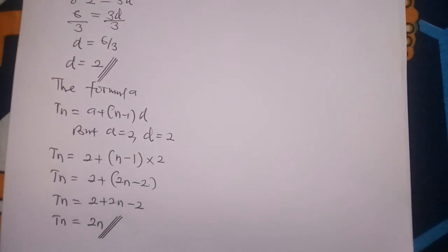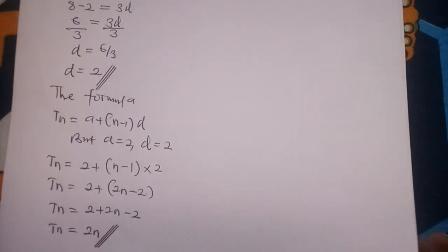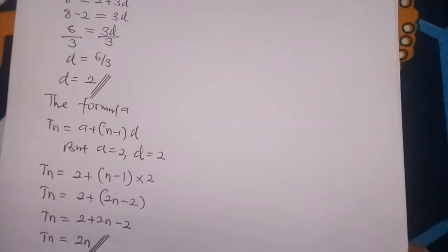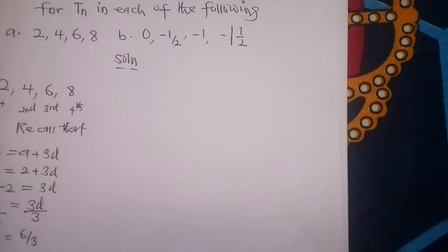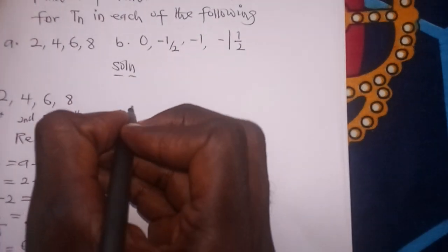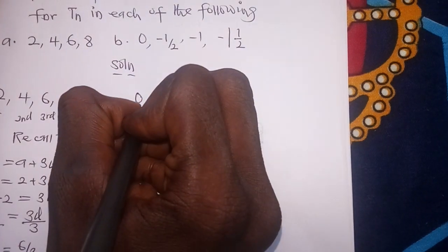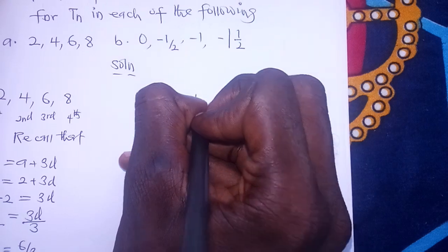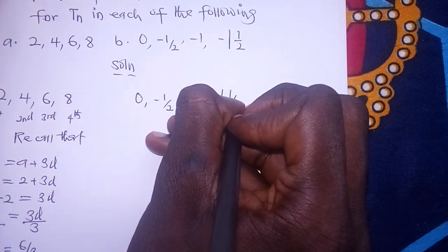Similarly, now I want to look at B also. We are given 0, minus 1 upon 2, minus 1, and minus 1 whole number 1 upon 2.